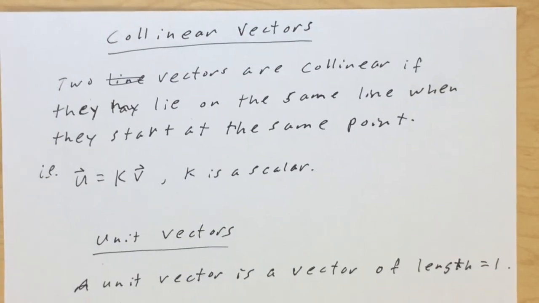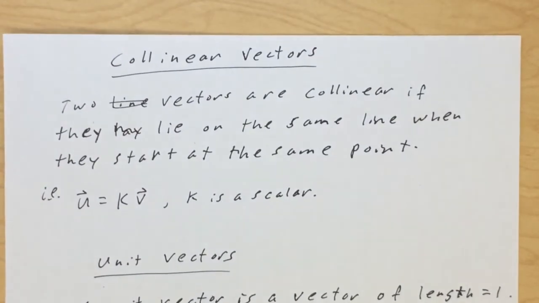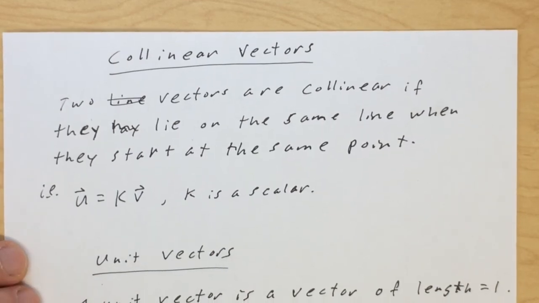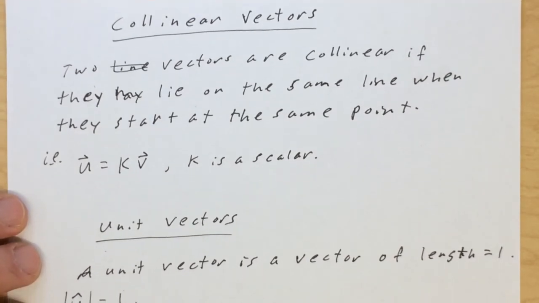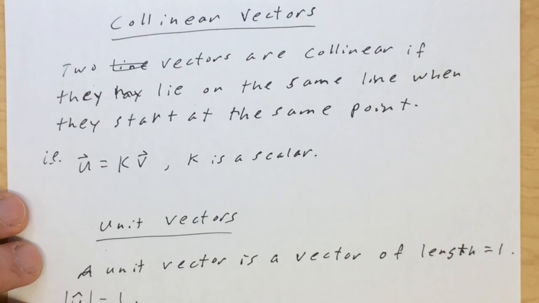So unit vectors. When you studied the unit circle, what did the unit mean? 1. Yeah, so it had a radius of 1. So a unit vector, what do you think that might mean? Vector with magnitude of 1. So a unit vector is a vector with length 1 or magnitude equal 1.